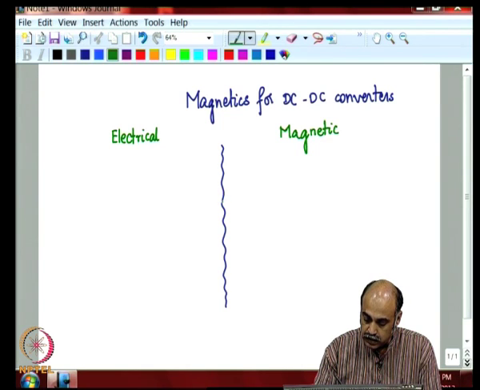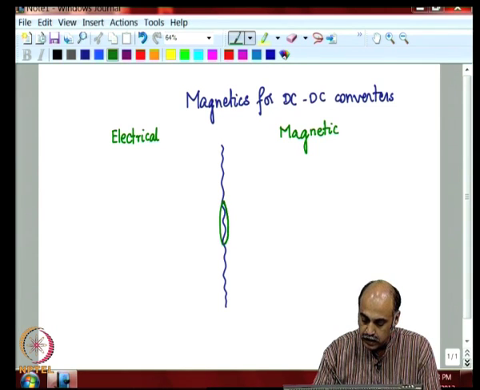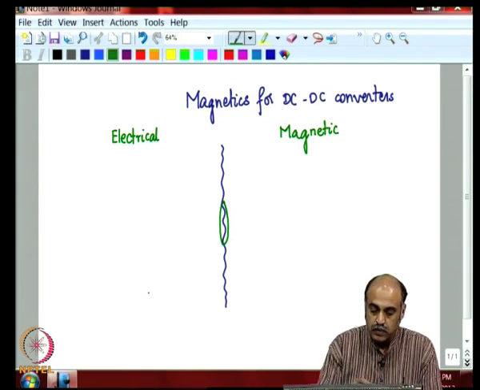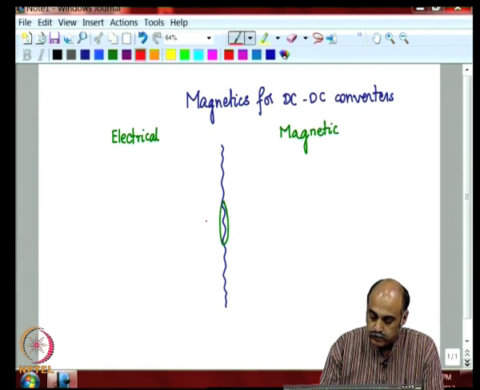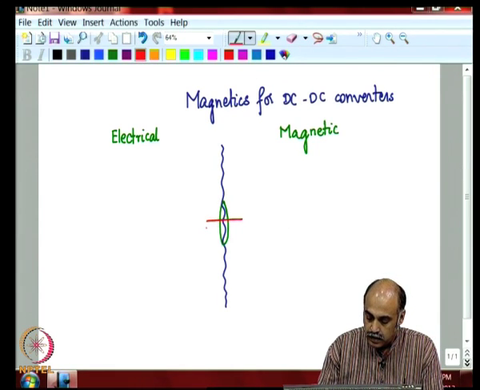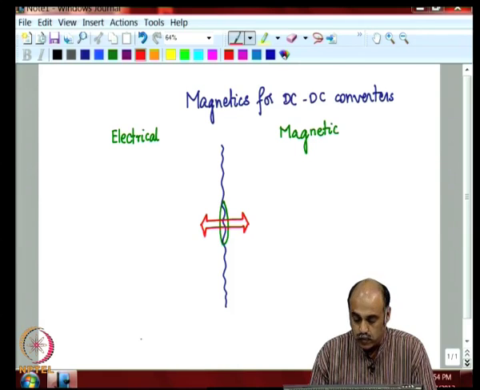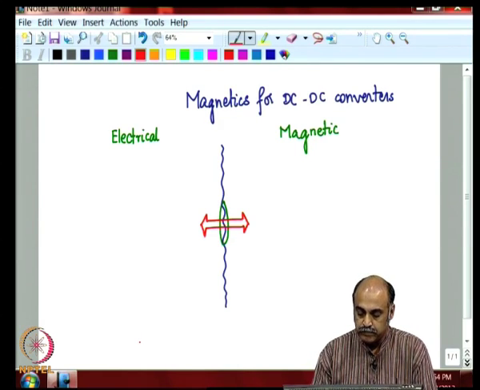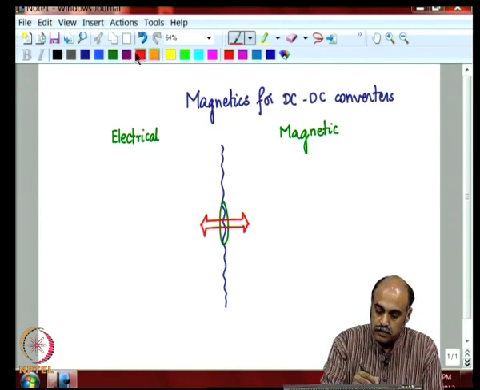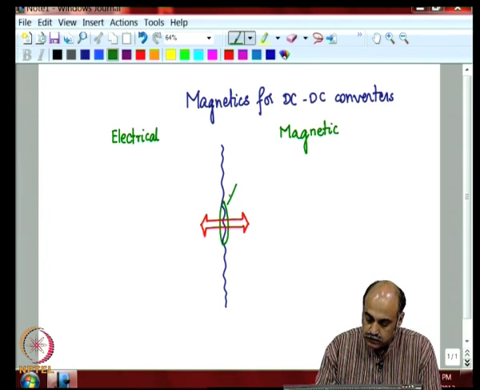These two are tightly interfaced and they interact through a window through which there is energy transaction. Let us call this the energy port or the power port.